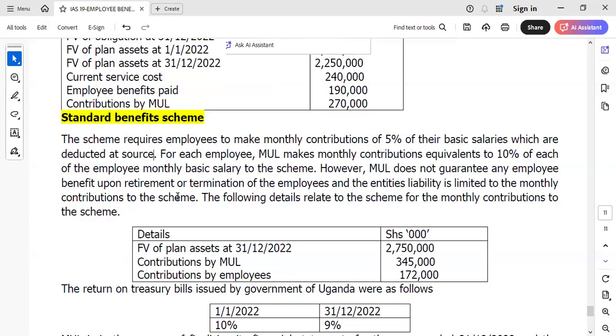For each employee, MORU makes monthly contribution equivalent to 10% of each of the employee's monthly basic salary to the scheme.